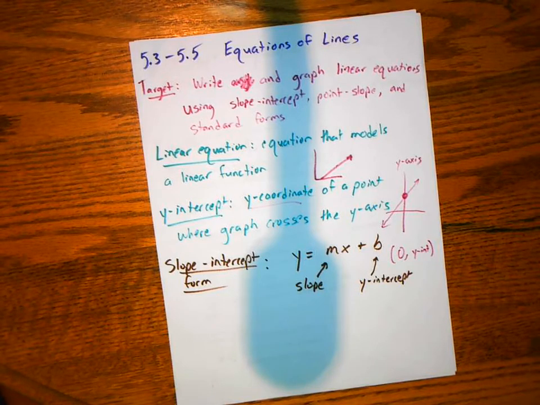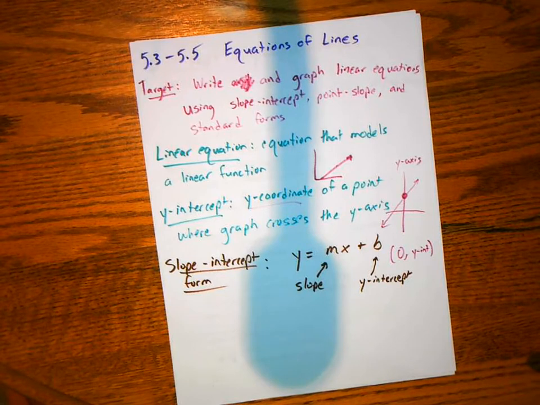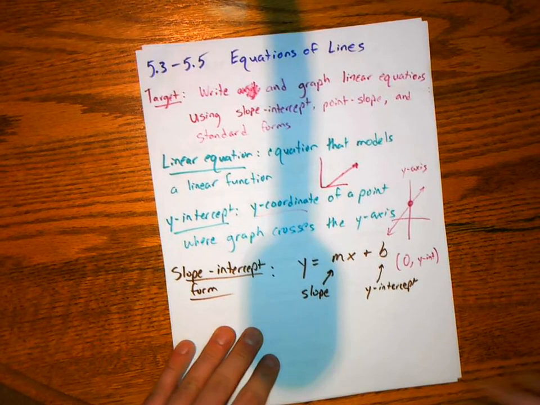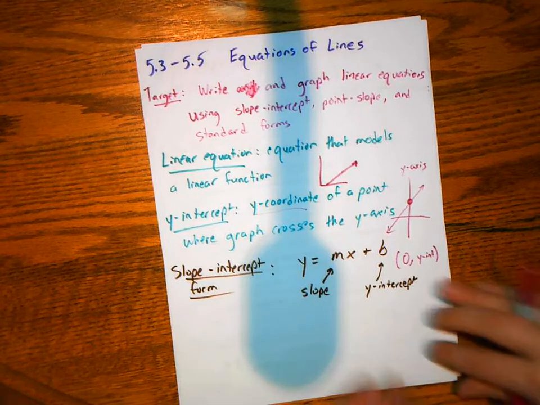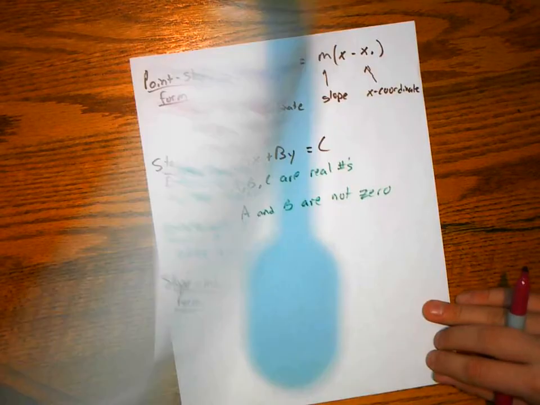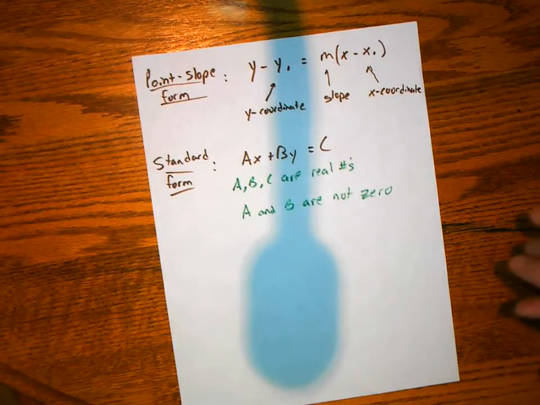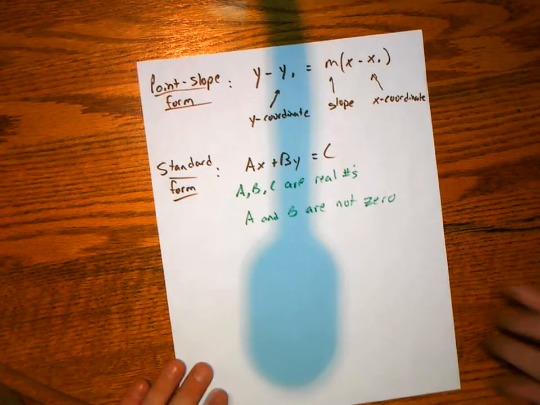You don't need any other points on the graph. However, there may be some instances where you're only given another point that's not the y-intercept, and you have to calculate where that y-intercept would be. And that's what some of the examples in class are going to be like. But this is what you should be most familiar with, so I'm not going to spend too much time on it in the video. The next 2 are point-slope form and standard form.